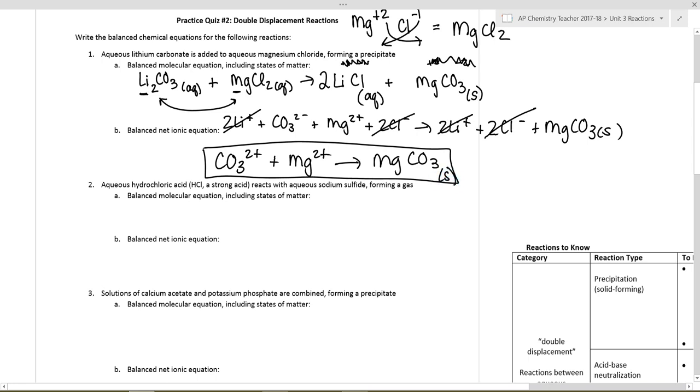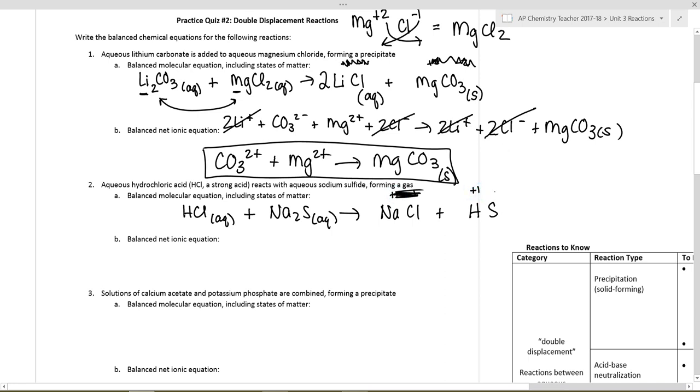We formed a solid. Looking at this next one, so HCl is a strong acid, and it's reacting with sodium sulfide. In double displacement reaction, so the Na goes with the Cl, and the H goes with the S. Looking at charge, this is +1, -1, so no subscripts needed here.